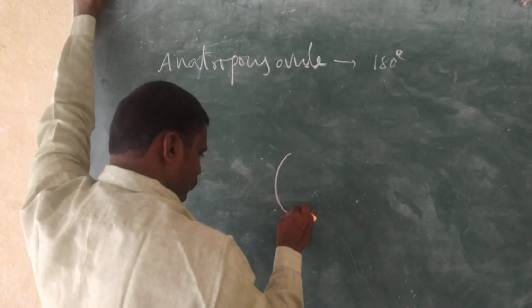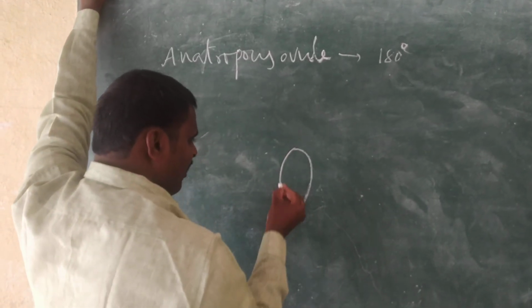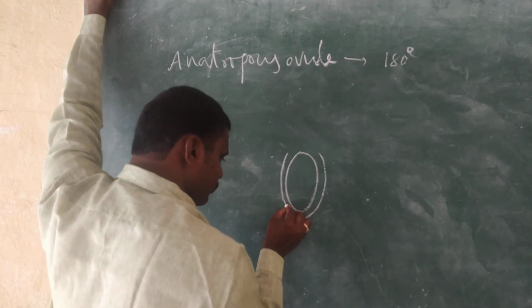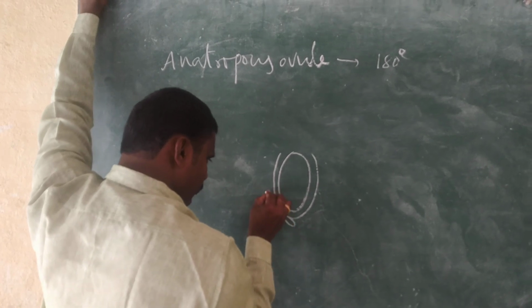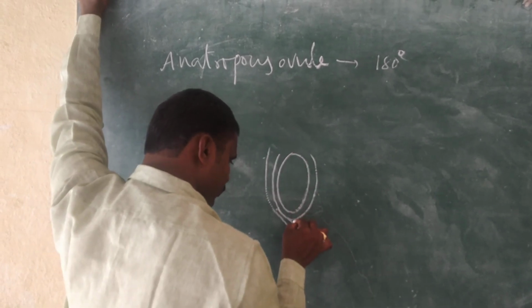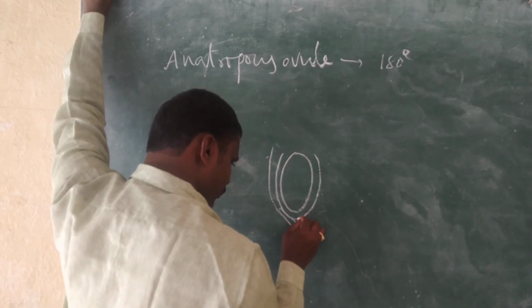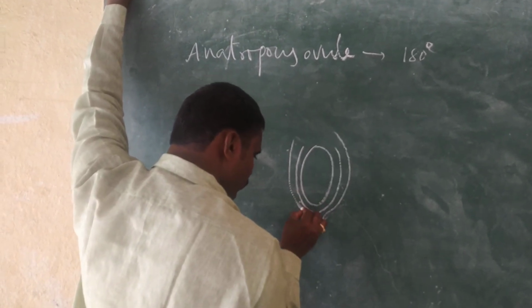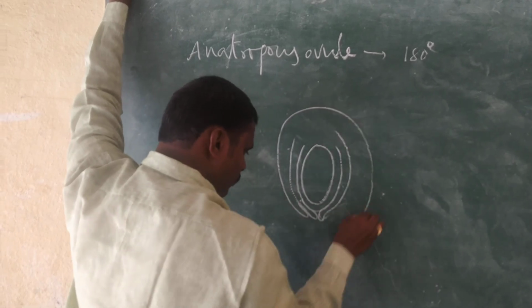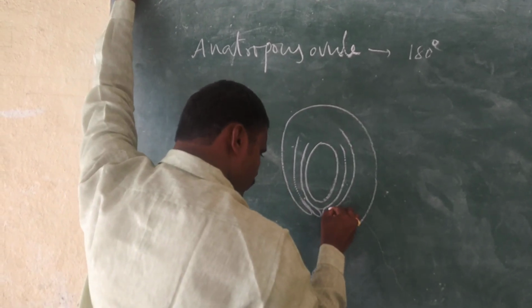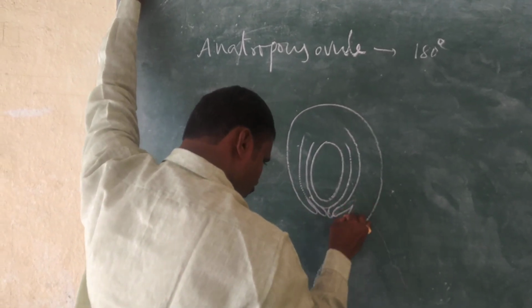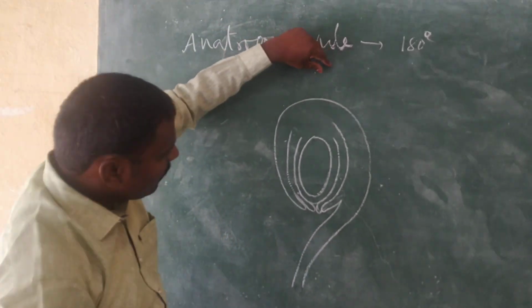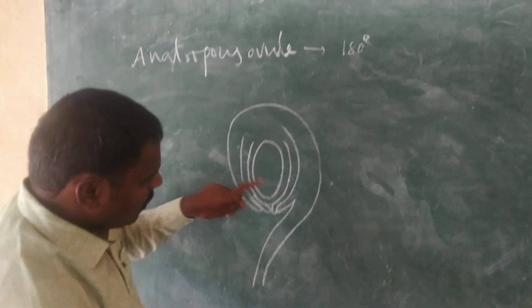This is the embryo sac. In this type of ovules, the micropyle is directed towards the funiculus.